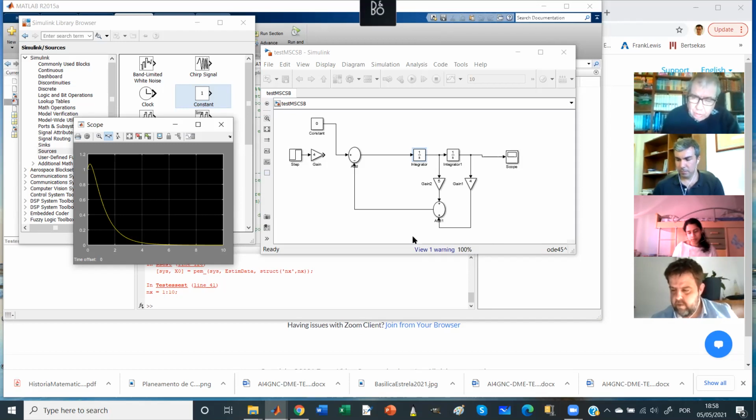For K equal to 0, you get the open loop poles, and one pole is unstable. And then you start increasing the gain, and one is a stable one going to the right, and the unstable one goes to the left.